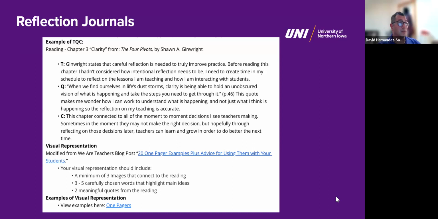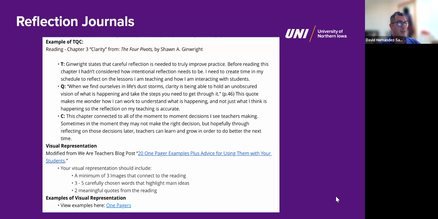The question or the quote: "When we find ourselves in life's dust storms, clarity is being able to hold an unobscured vision of what is happening and take the steps you need to get through it."